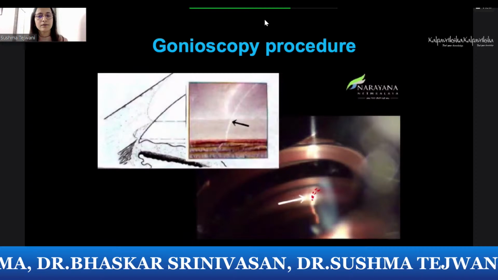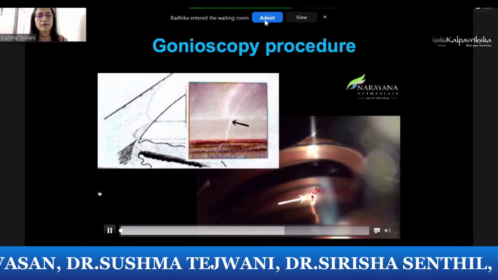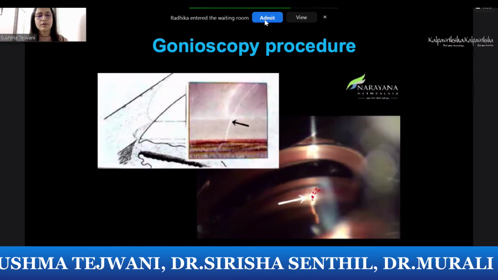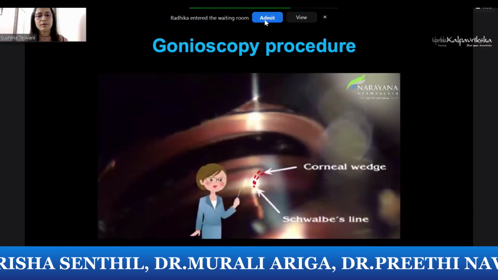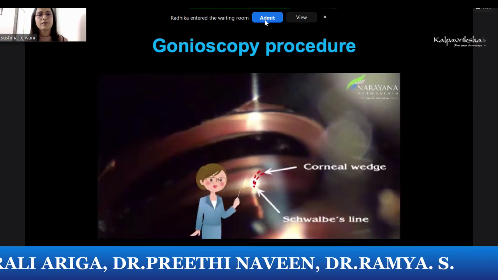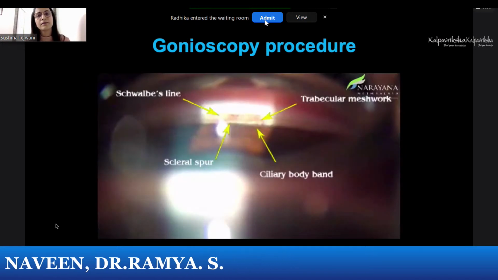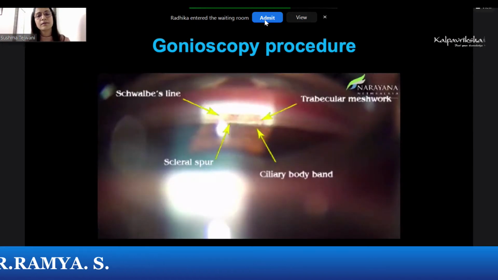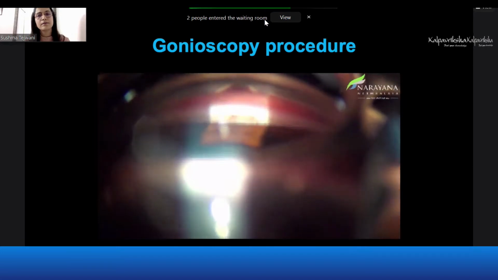As the Schwalbe's line denotes the end of Descemet's membrane, the light no longer passes through the opaque structure beyond Descemet's and causes the collapsing of this beam. This is called the corneal wedge sign. The place where these two beams converge into one is the Schwalbe's line, and posterior to that are the rest of the angle structures. This angle represents the normal open angle in an individual.